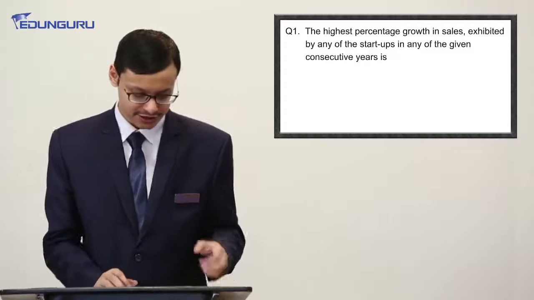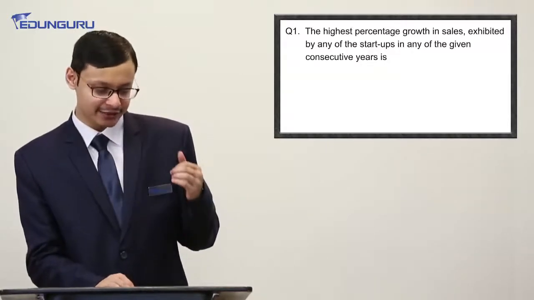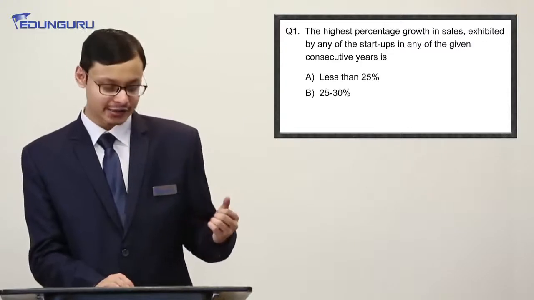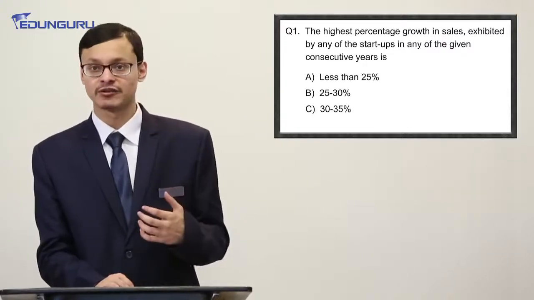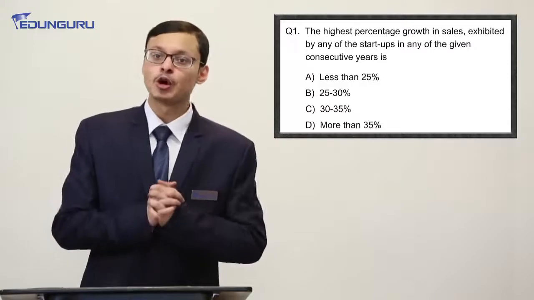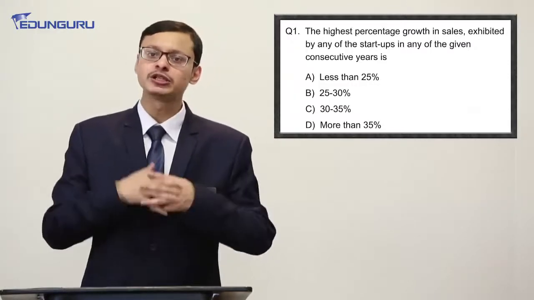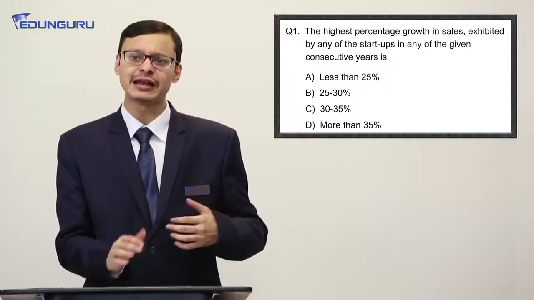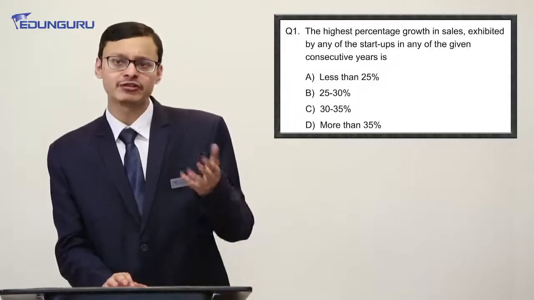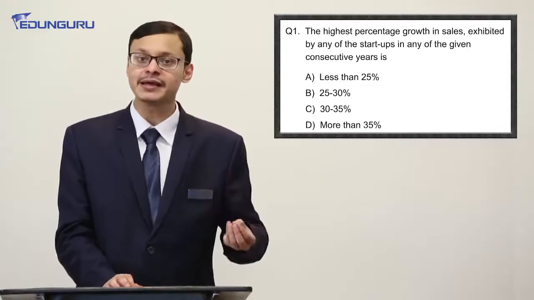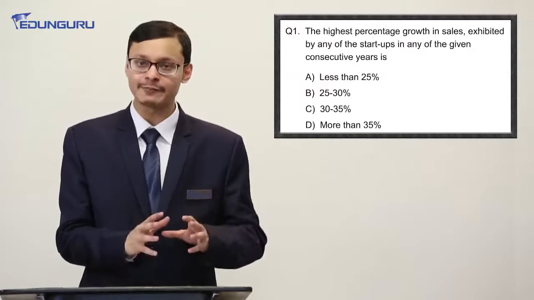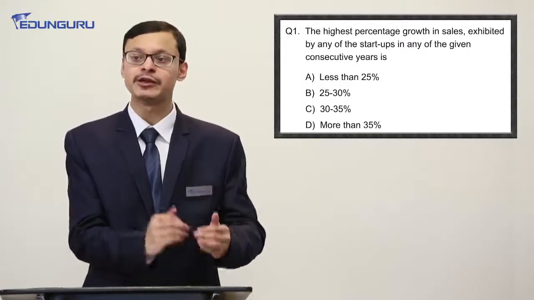Looking at the options, the first is less than 25%, then 25 to 30%, then 30 to 35%, and the last option is more than 35%. Which means we only need to look at percentages which could be greater than 30%. Trying to compute percentages less than 10% or less than 20% is not required, because that will automatically mean option A being correct. The only thing is we need to look at points where there might be a confusion between one option and another.